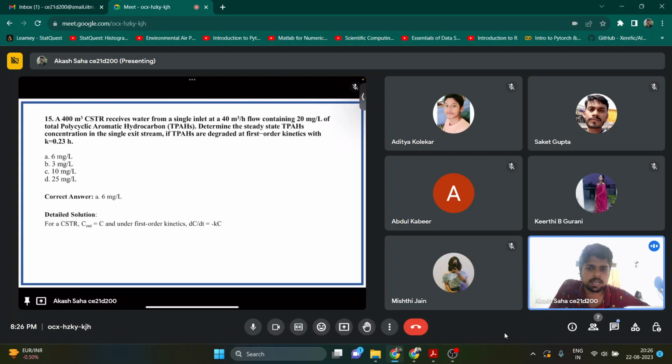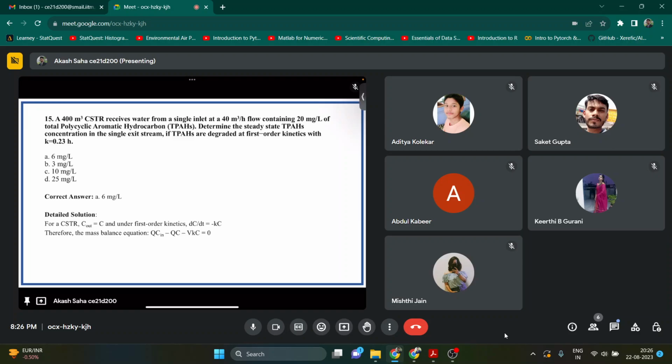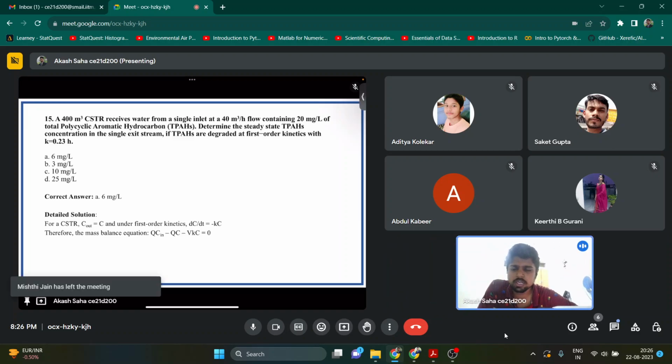And for first order reaction kinetics, we have dC/dt equal to minus kC. So in the mass balance equation, if we input all these things, we will get Q into C_in minus QC minus VkC equal to 0. We know every other parameter, so we can directly find the C value.